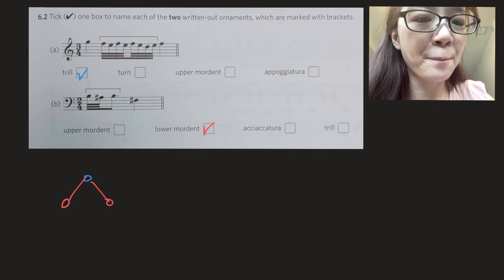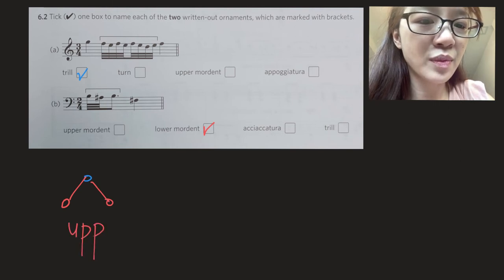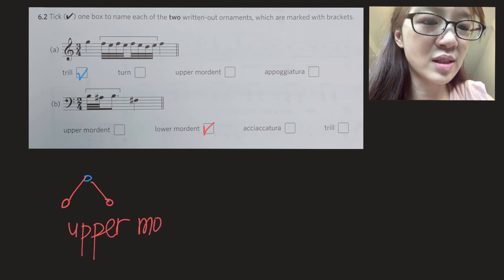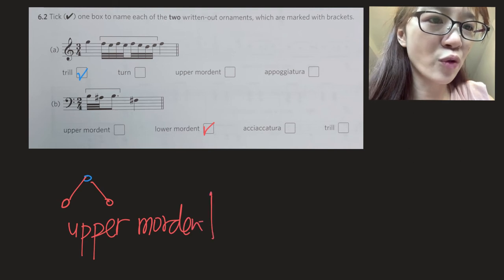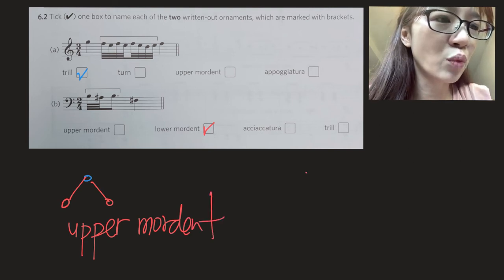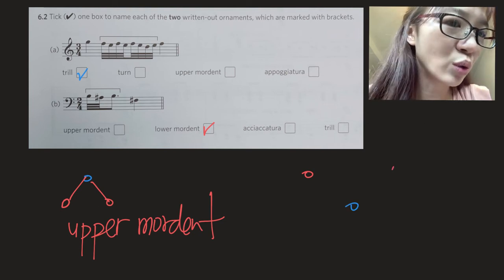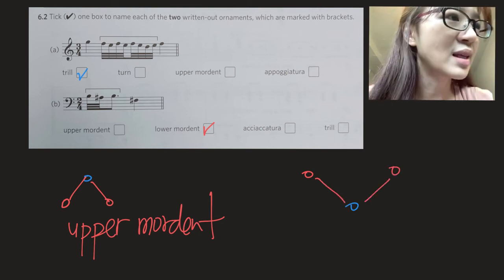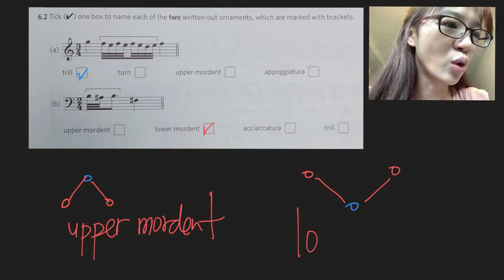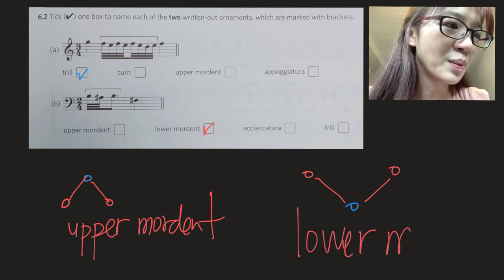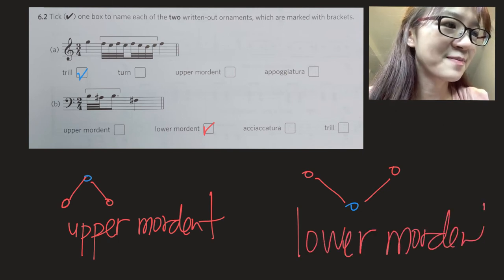This is called upper mordent. For a lower mordent, it will be this with a lower note and then a higher note. So this is called lower mordent.